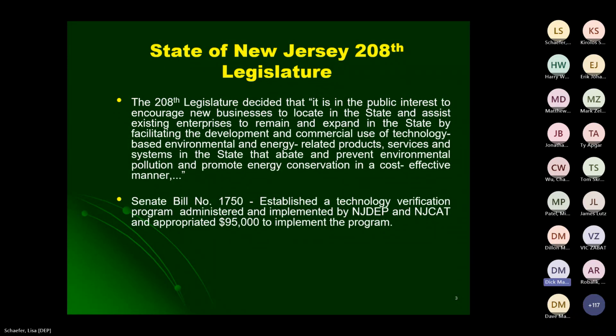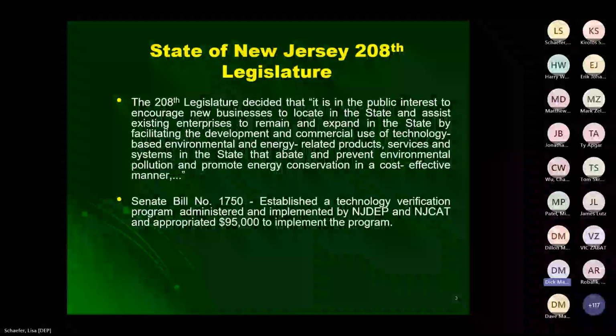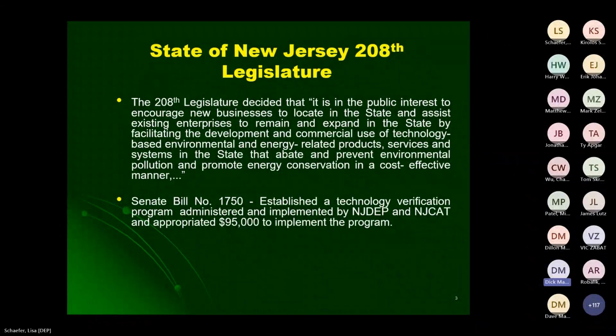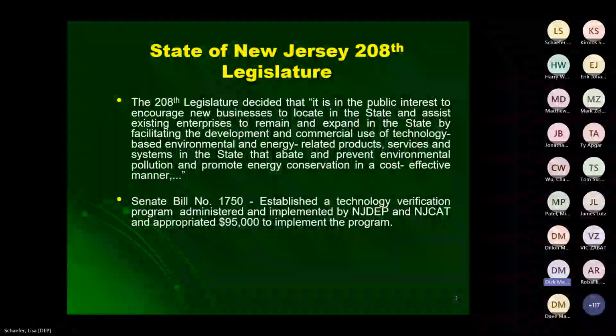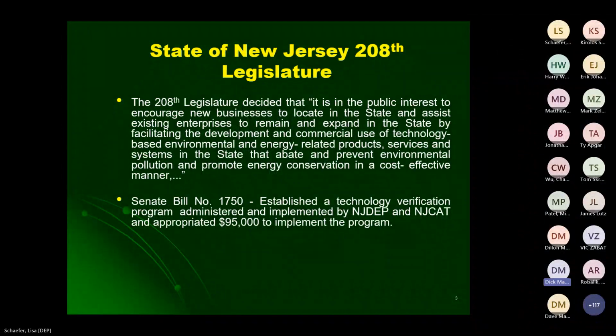That led to the 208th legislature, which ran from July 1999 to June 2000, establishing a technology verification program. It was Senate Bill number 1750. And it established a technology verification program administered and implemented by NJDEP and NJCAT and appropriated $75,000 to implement the program.